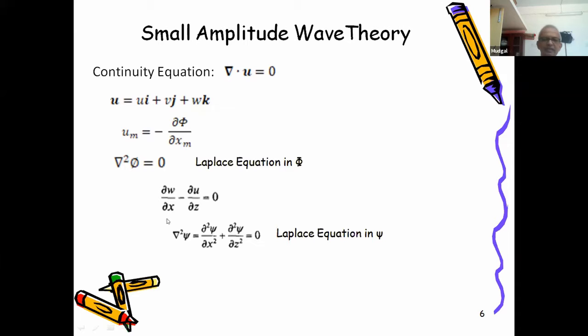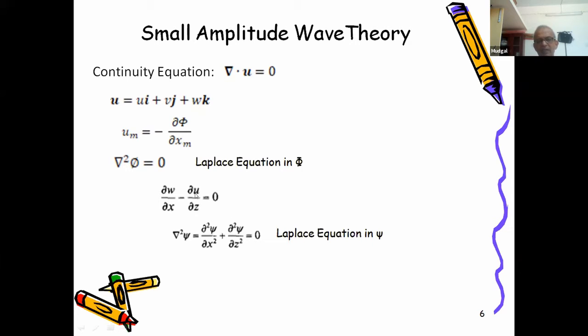Now, instead of using the velocity potential, you could also use the stream function psi. So the stream function psi can be substituted provided you have this condition of irrotationality, which is nothing but the cross product of del and u is equal to 0. And for this y component, you will get that del w by del x minus del u by del z is equal to 0.